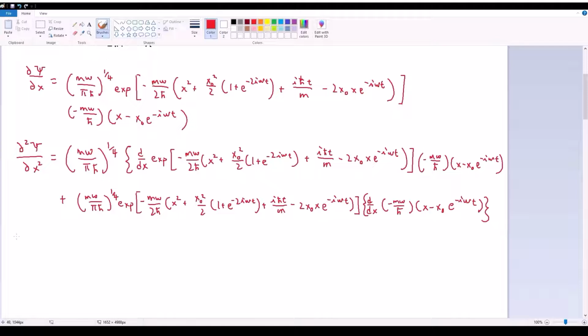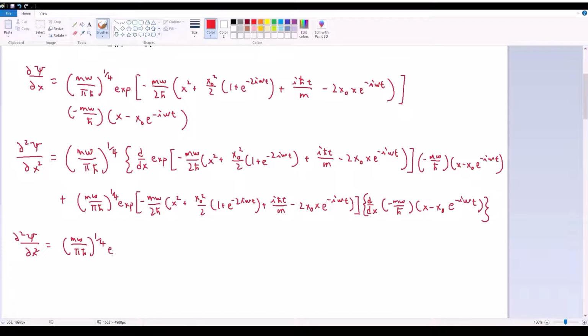So this is going to give us the second derivative, d²ψ/dx², being equal to (mω/πħ)^(1/4). And then this derivative is going to give us the exact same expression on the right here.